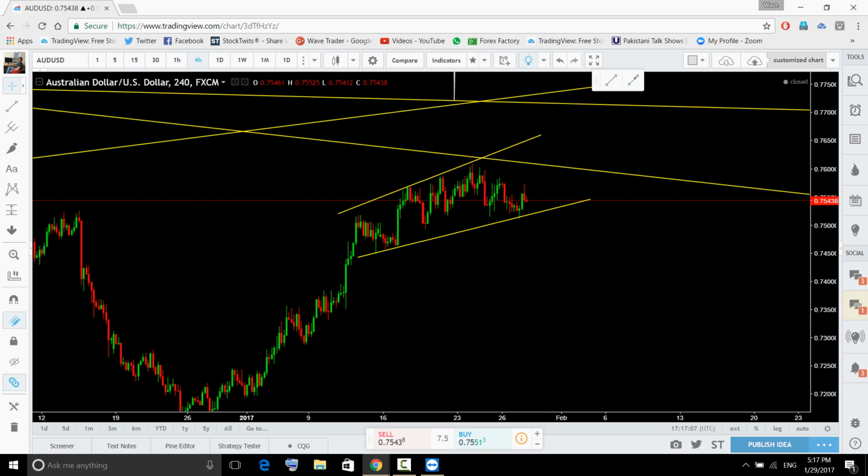Here is the place to watch. If price comes up to this place, then look for downside. The trend reversal pattern is just forming over there, your ascending channel.